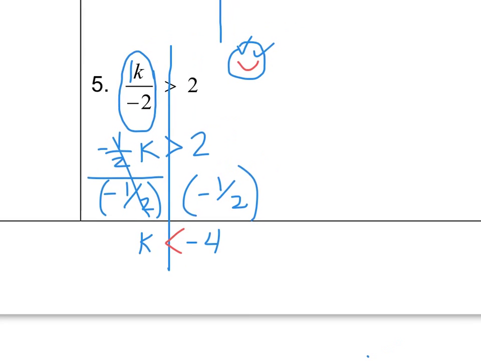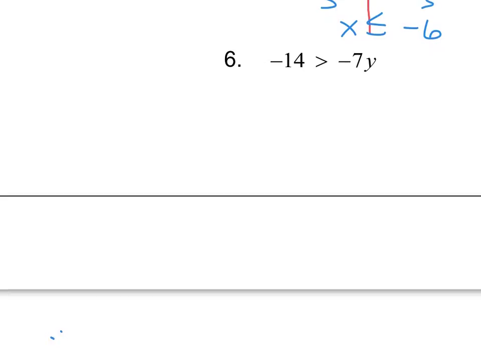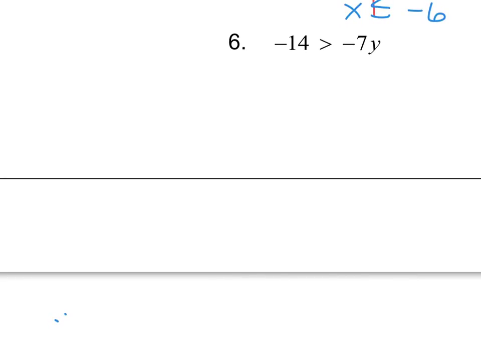Okay, so let's go on and do number 6. So again, that negative checker, that smiley face, the whole reason we started it as early as we did is because it's very important in solving equations, and then it becomes absolutely critical in inequalities. Okay, so let's do this one. We draw a line down the middle to define our space, distribute and combine.